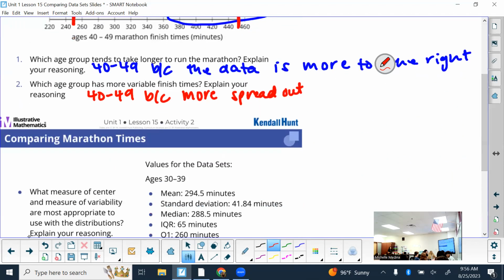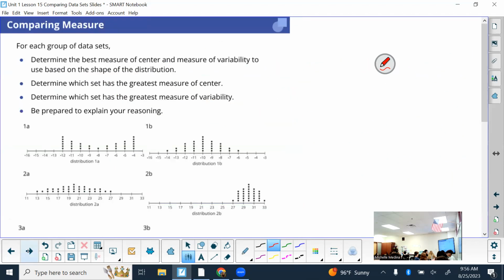Okay, so then moving on to the next activity. Each of these data displays is kind of grouped. What you're going to do is decide what is better to describe the center and what is better to describe the variability. So again, measures of center are what, table 1?